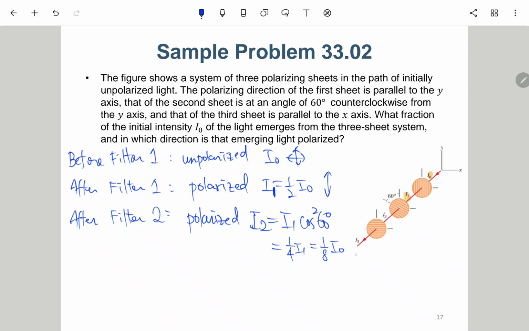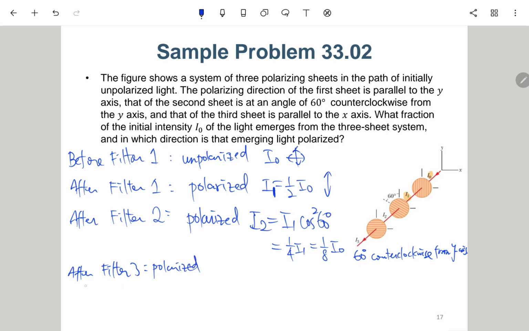And then the direction will be 60 degrees counterclockwise from the y-axis. Finally, after filter 3, it is still polarized.